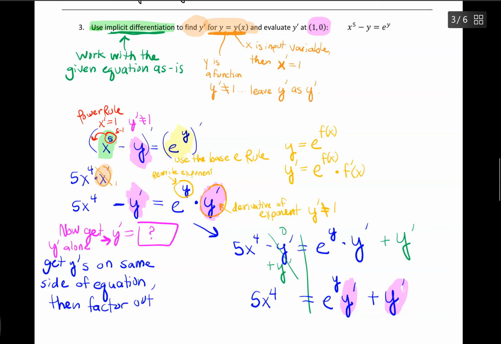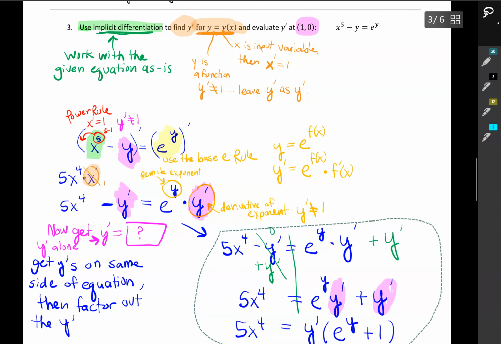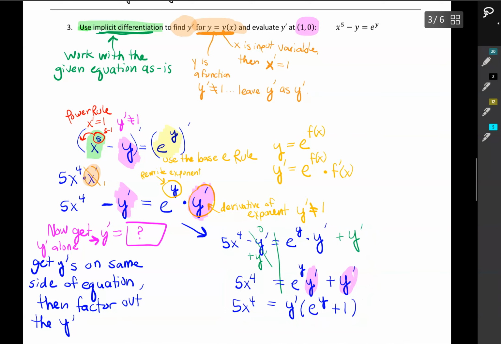I'm just going to factor the y prime out of there, and then the y prime will just be in one location. Then to get the y prime alone, I just need to divide by that binomial.